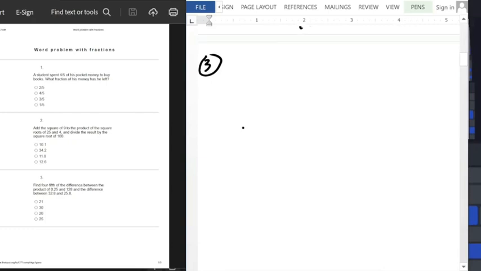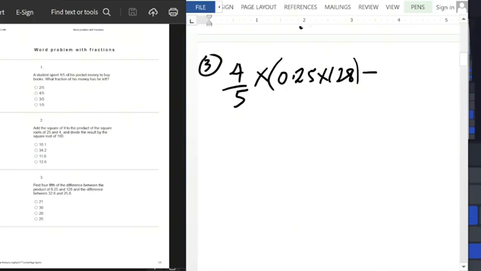Question 3. Find 4/5 of the difference between the product of 0.25 times 128 minus the difference between 32.8 minus 25.8.